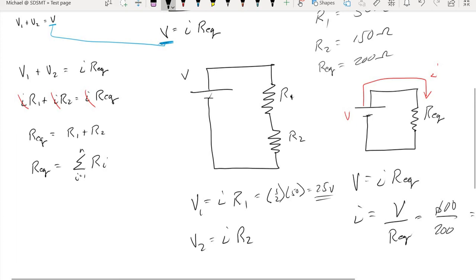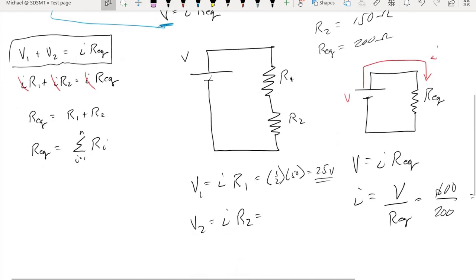There's V1. Now, we actually shouldn't have to do the math for V2, because we already know that the combination of V1 and V2 will have to equal the total potential that's coming from the battery. The battery is providing 100 volts, and we've already used up 25 of that on the first resistor. So there should be 75 volts left for the second resistor.